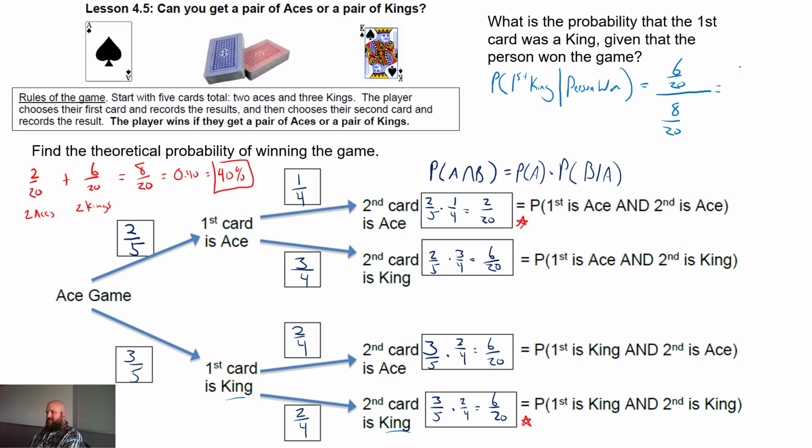And that gives us 6 over 8, and that should give us 0.75, so 75%. So you have a 75% chance of winning if the first card is a king.